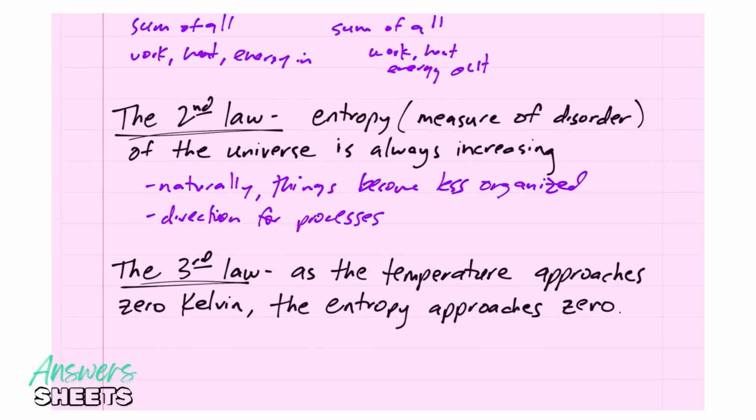One of my favorite quotes, let's see if I can remember it, is: without hard work, nothing grows but weeds. That is a little bit about entropy. If we leave things be, weeds are going to grow.